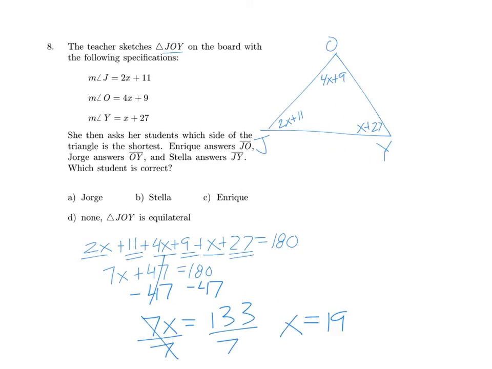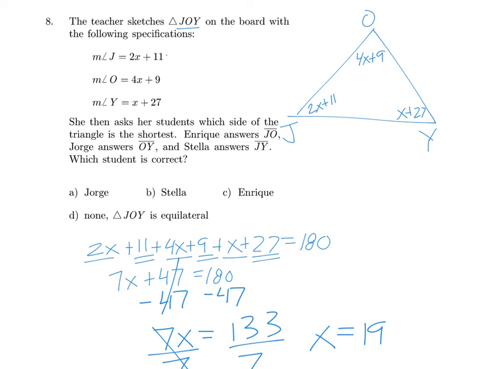All right. If I plug 19 in, I get 2 times 19 plus 11. Here I get 4 times 19 plus 9. Here I get 19 plus 27.